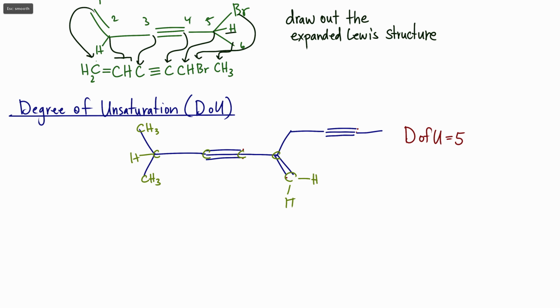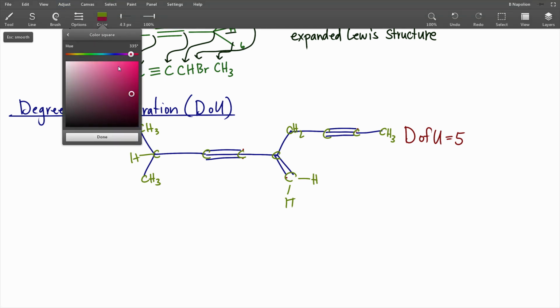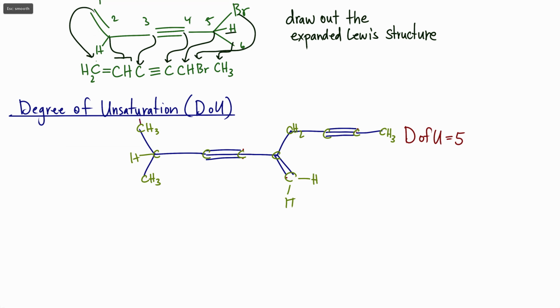This is a CH2. This is carbon, carbon, and this terminal line here is a CH3. Okay, so let's count out how many carbons we have. 1, 2, 3, 4, 5, 6, 7, 8, 9, 10.